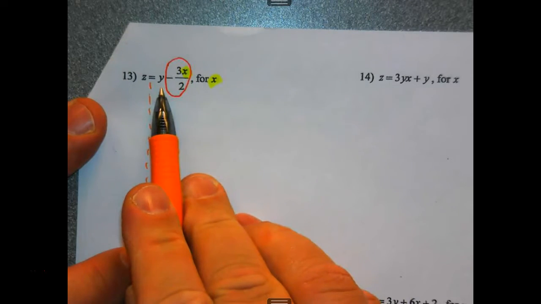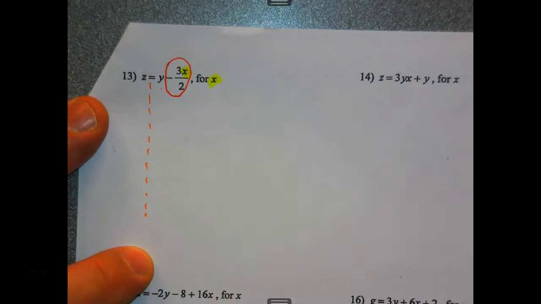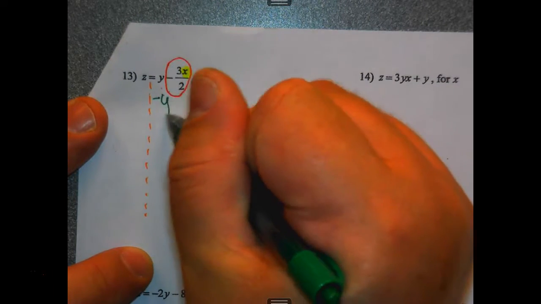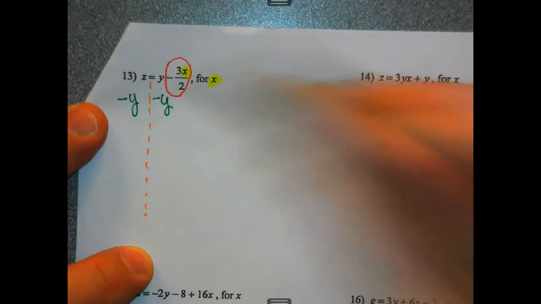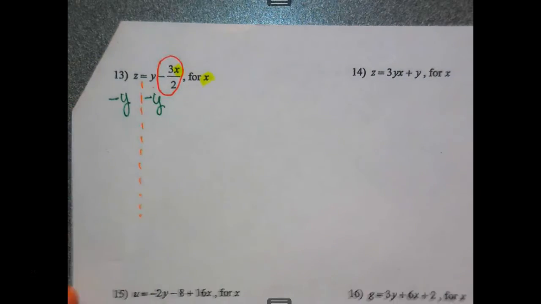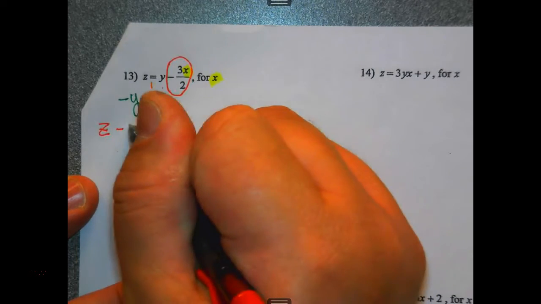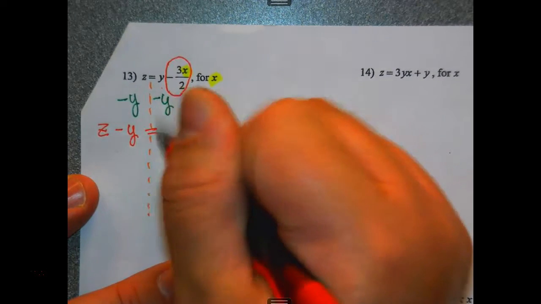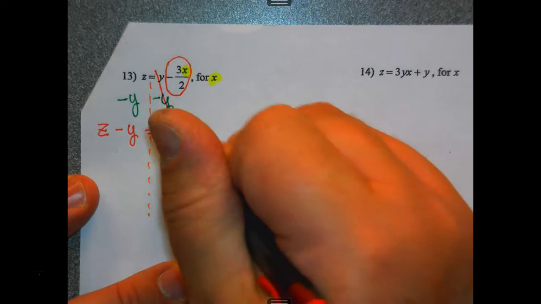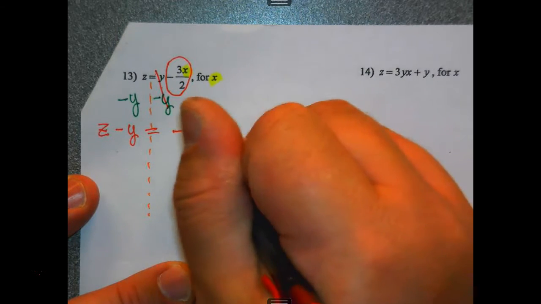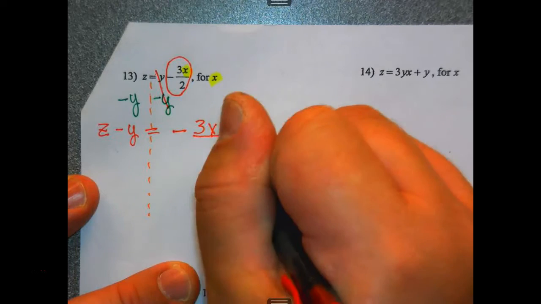So I'm going to get rid of the y. I'm going to subtract y from both sides. So I get z minus y equals, these y's cancel. I get negative 3x over 2.